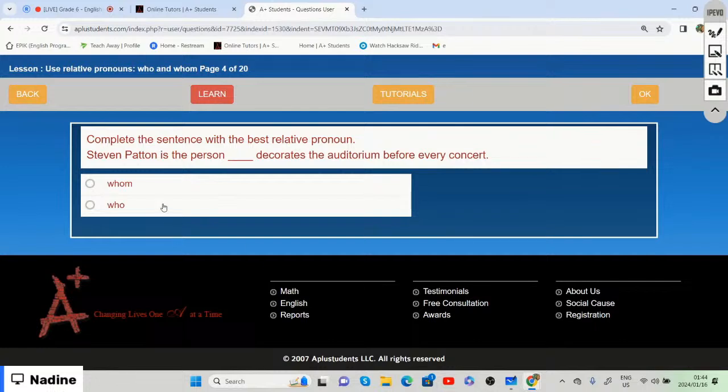Next, Stephen Patton is the person. Do we say whom decorates the auditorium before every concert, or who decorates the auditorium before every concert?